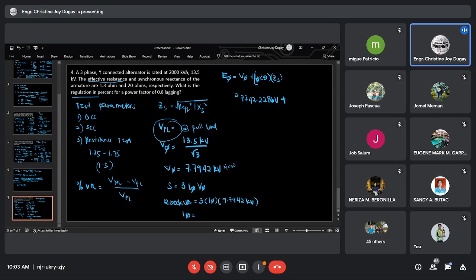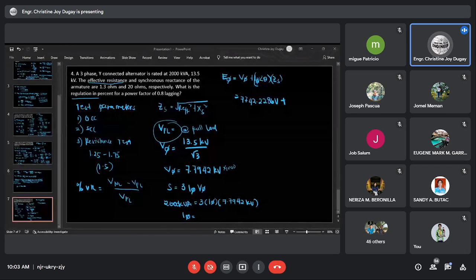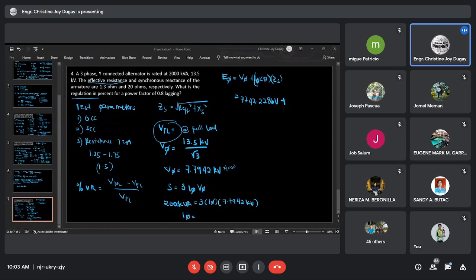What is the value of our I phase? Pwede nyo siyang idiretso since pareho silang naka-K, which is kV at saka kVA, no? Nakakilo silang pareho, so pwede na. Basta wag lang kayong malilito.